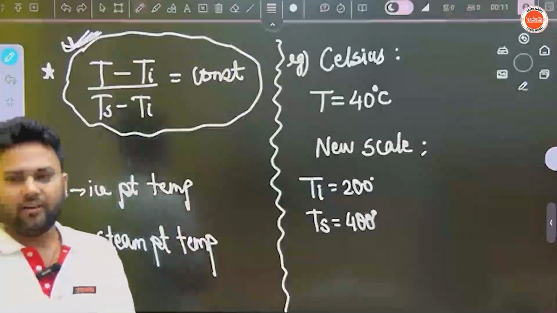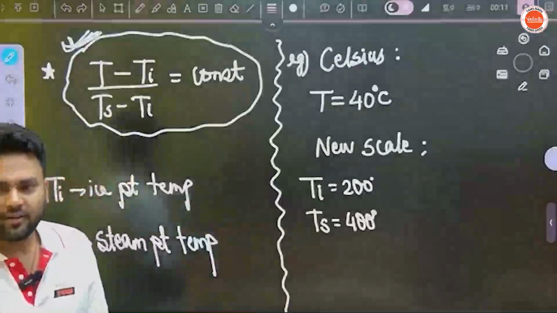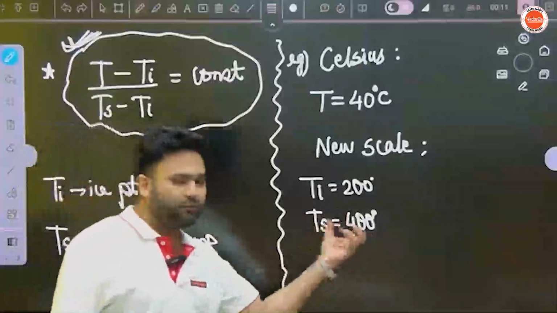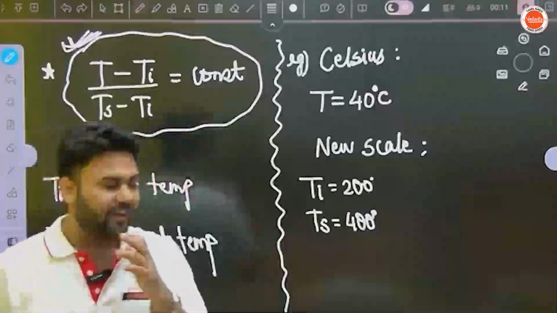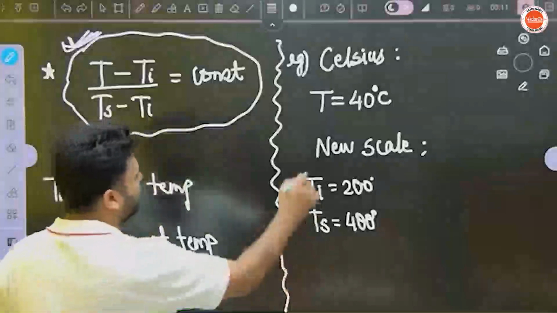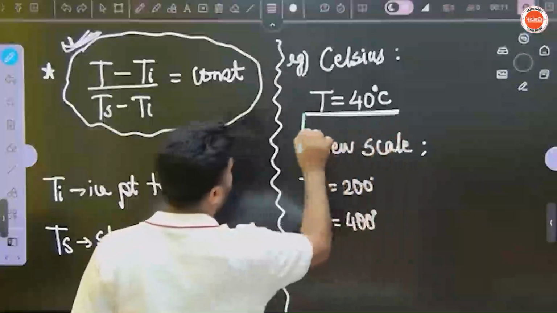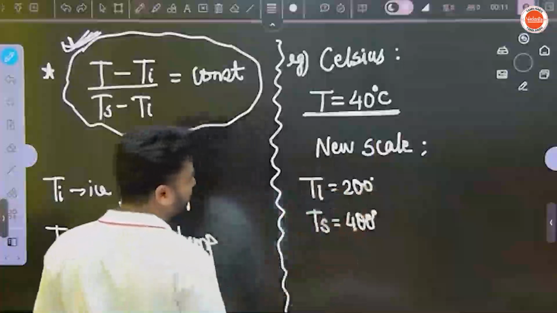Means in that new scale, ice is formed at 200 degrees and steam is formed at 400 degrees.